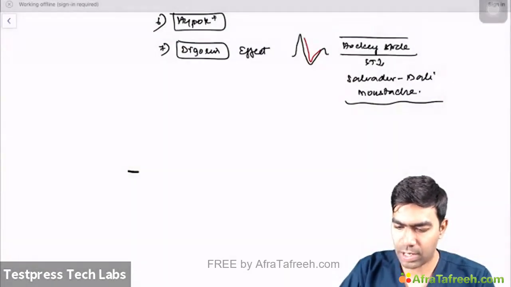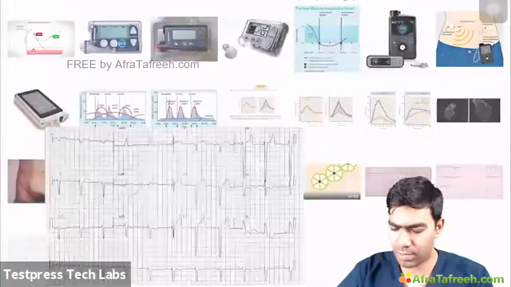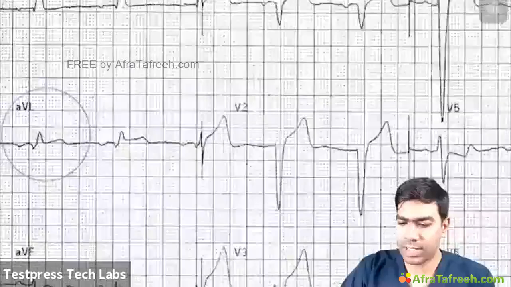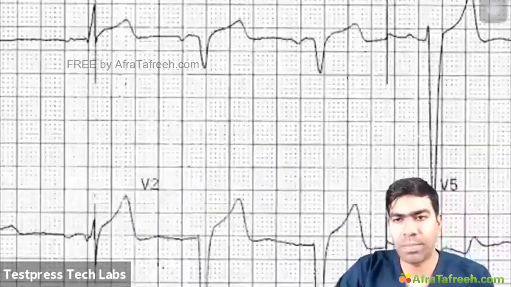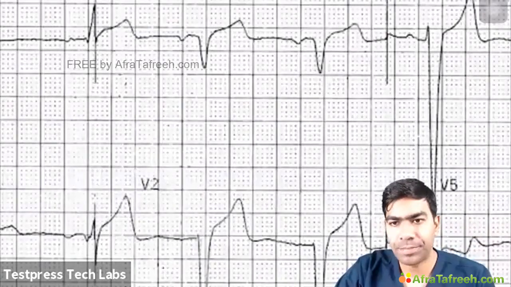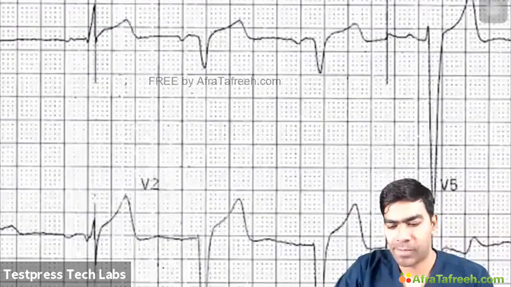No, I can't. So actually here I'm trying to show something called the Sgarbossa criteria. That's what I'm trying to show here. So what you're seeing in V1, can you type and tell what you're seeing in V1? Left bundle branch block.